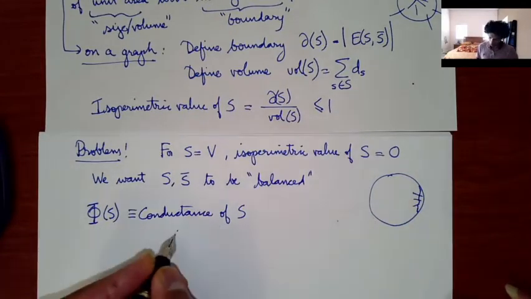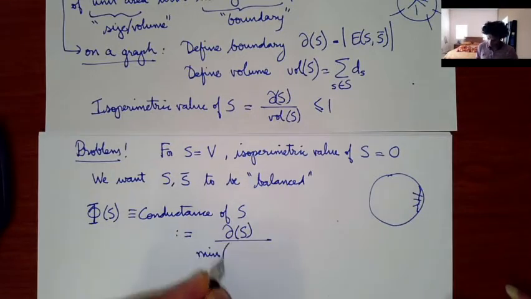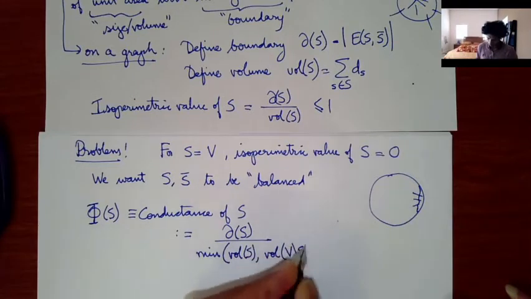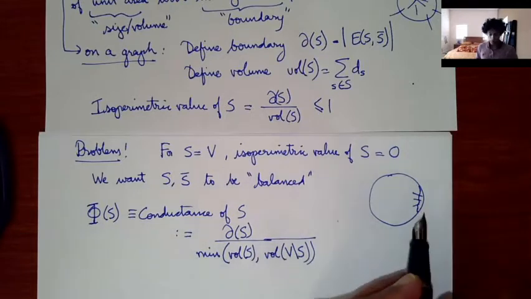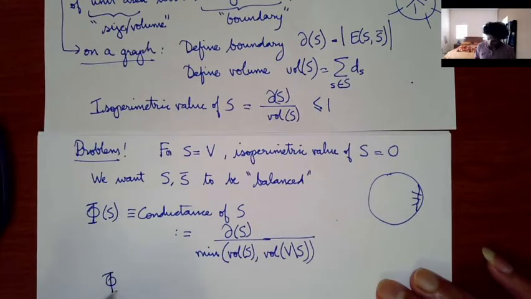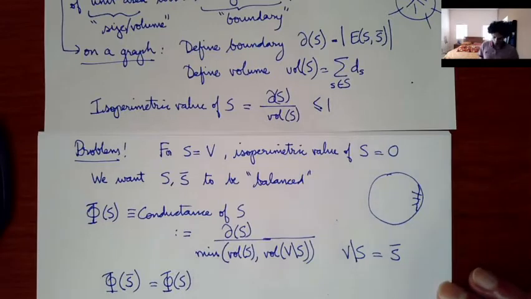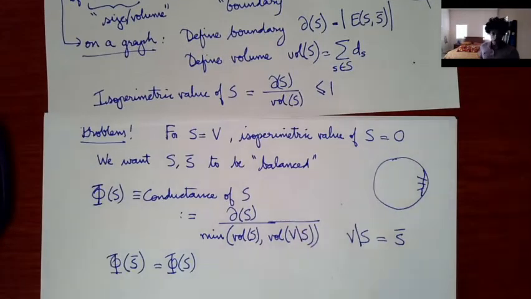We define the conductance of S to be the boundary divided by the min of the volume of S and the volume of the complement. In this case, the volume of the complement is extremely small and therefore the conductance will go up. Note that the way this is defined, phi of S complement is equal to phi of S, so I will just use the complement notation. And this is called the conductance of S.